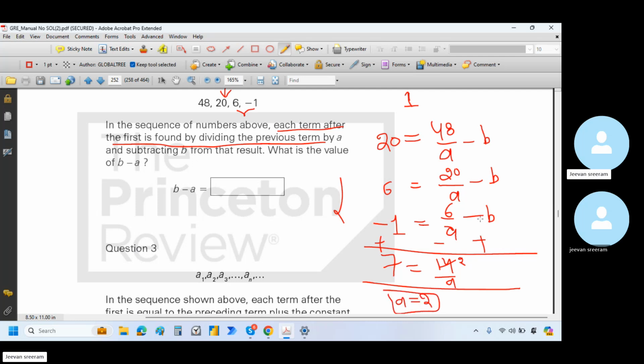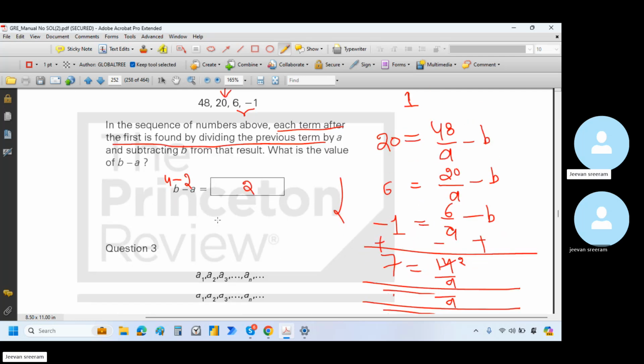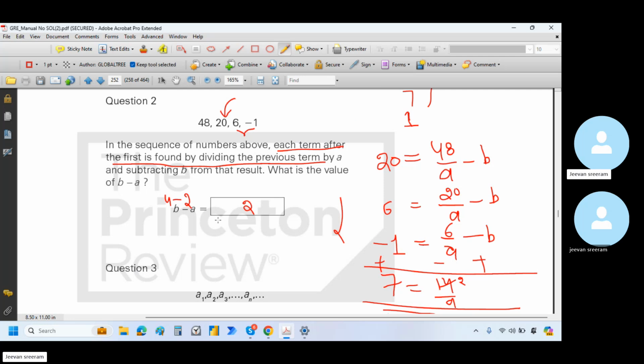If a is 2, just substitute here. 2 means 10, 10 minus 6, 4, b is 4. So b is 4, a is 2, b minus a is 2. Clear?